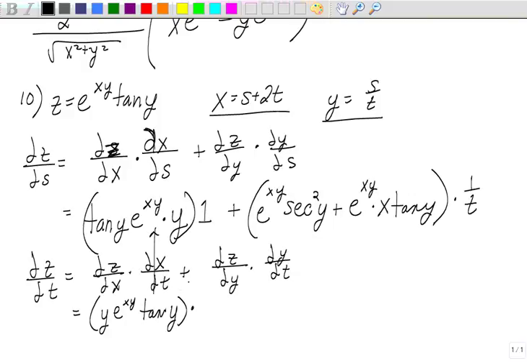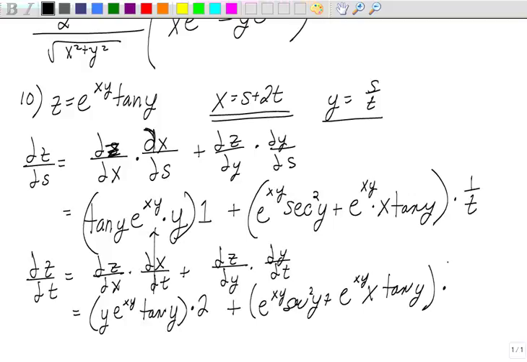Derivative of x with respect to t is 2. That's the derivative of that. Okay, this is the same. And the derivative of y with respect to t. So s is the constant. We take the derivative with respect to t, and we get negative s over t squared. So this is the same. And we are done with that.